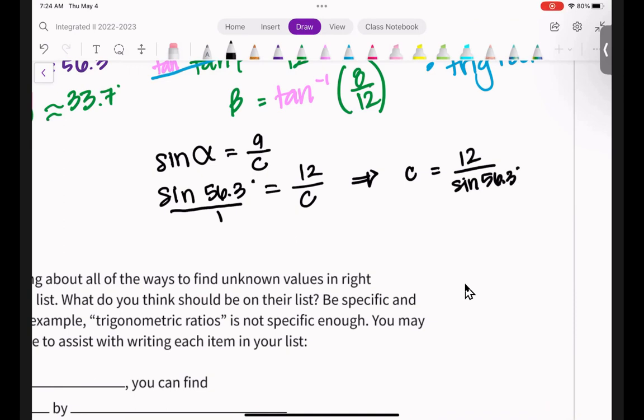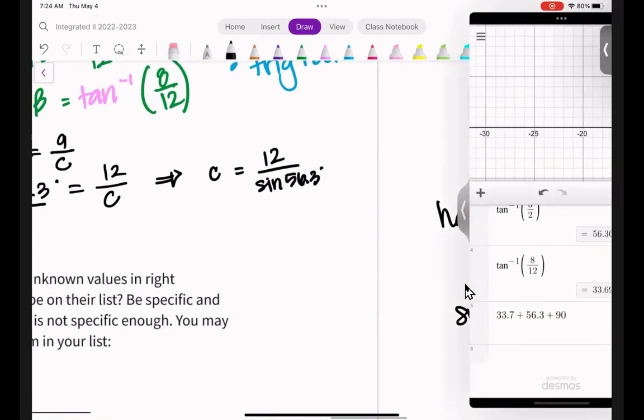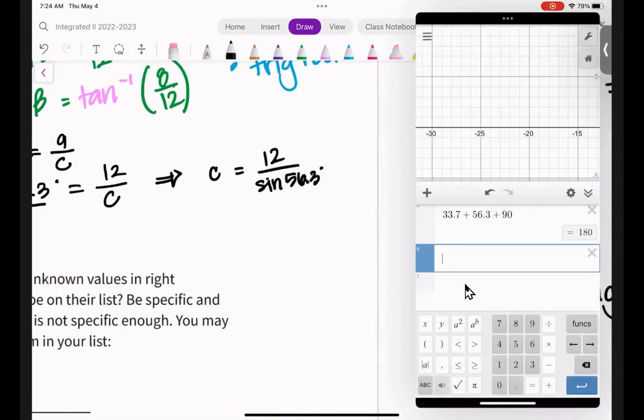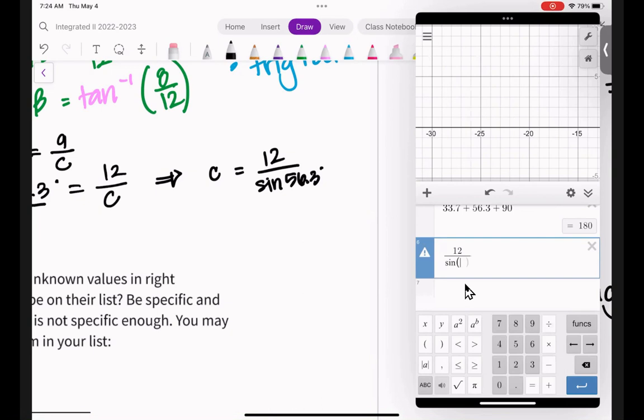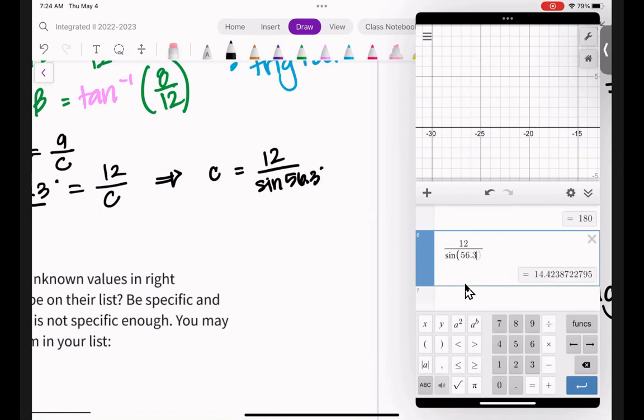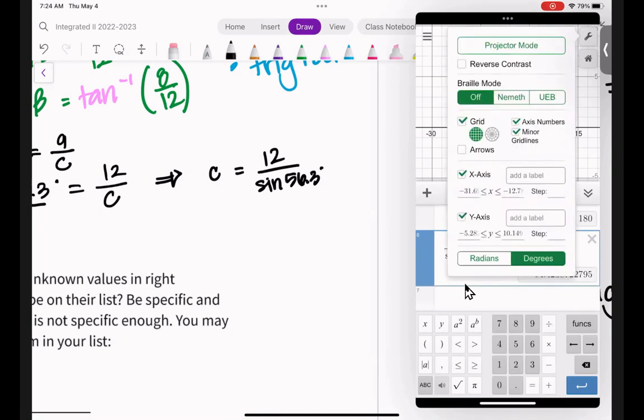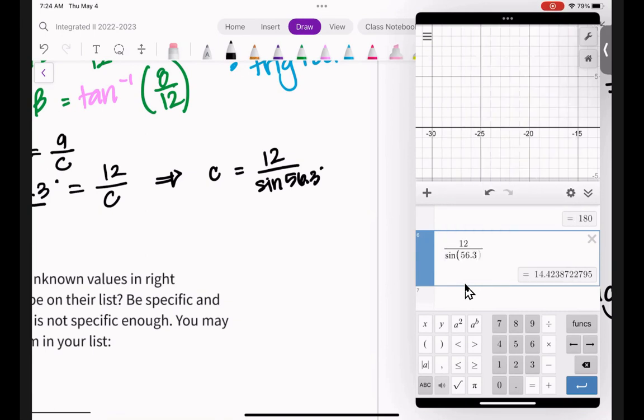Then all I have to do is plug it into my calculator. So let's put 12 divided by sine of 56.3. And some of you are like, Miss Johnson, you never checked if it was in degrees. I was using my calculator earlier, so I knew it was in degrees, but good checking.